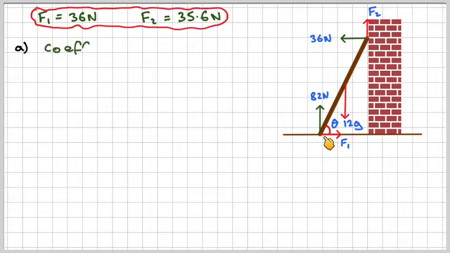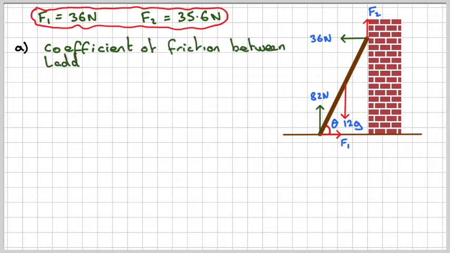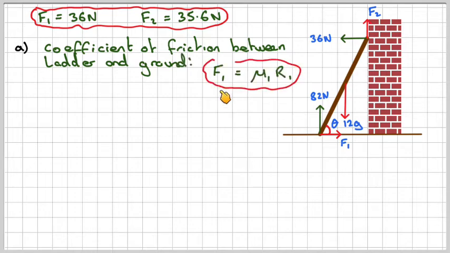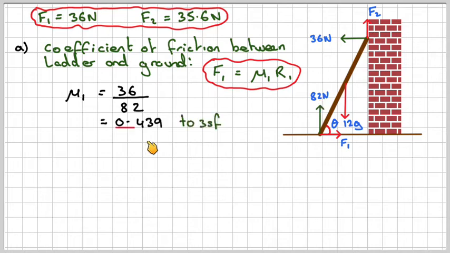So for the coefficient between the base of the ladder and the ground, we know the system's in equilibrium, so limiting friction, we've got F1 equal to mu1 R. So mu1 will be F1, which is 36, divided by R1, which is 82, which will give me 0.439. So that coefficient of friction will be that.